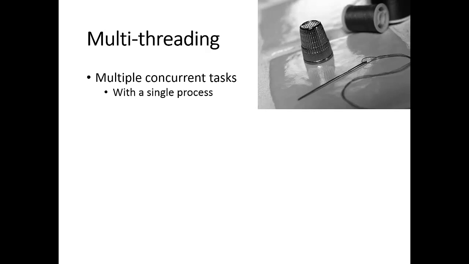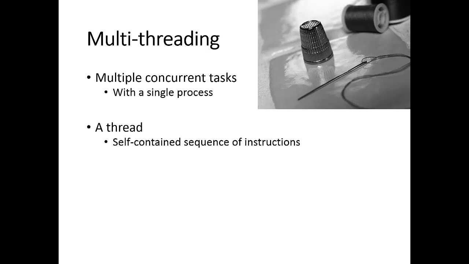These divided tasks are actually controlled by something called a thread, and a thread is simply a self-contained sequence of instructions, so they're independent from, for example, other threads within the same process.